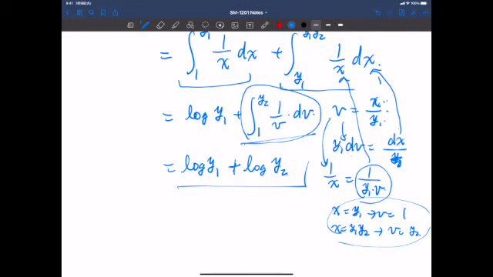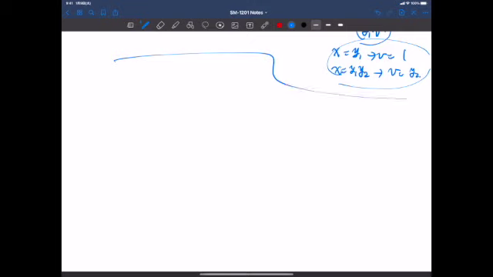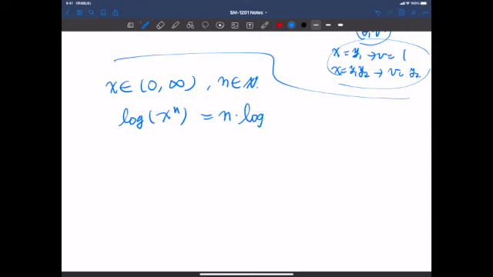And as a corollary to this lemma, we can prove this handy theorem. For all x between 0 and infinity and any natural number n, we have log of x to the power of n is equal to n times log of x.